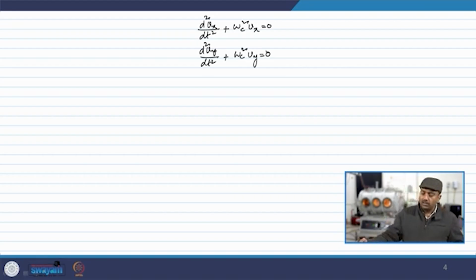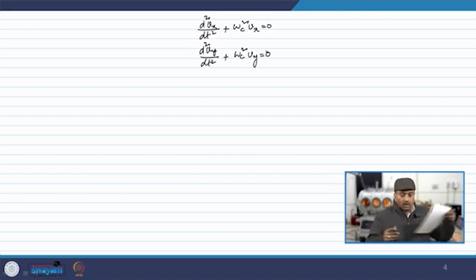What is the parallel component doing? It is constant. Right. Now, let us take these equations as they are and try to obtain solutions, which will probably tell us more information about the nature of motion.